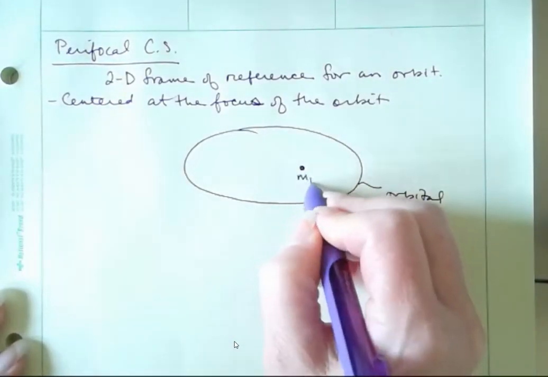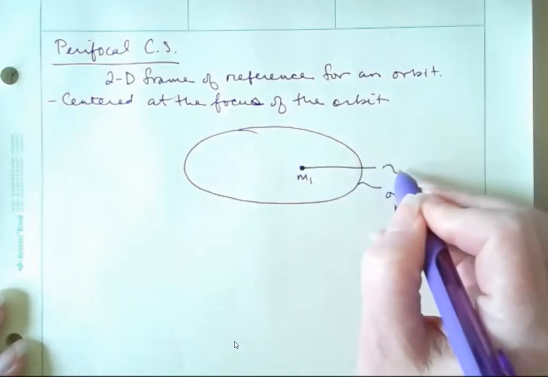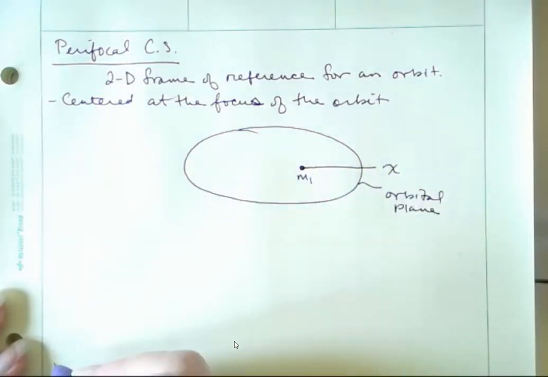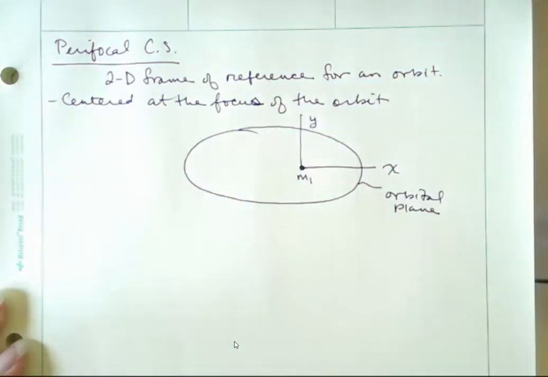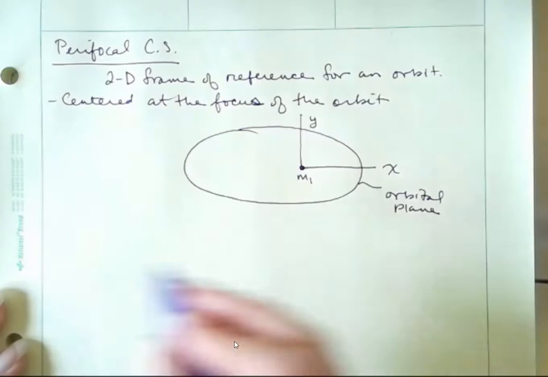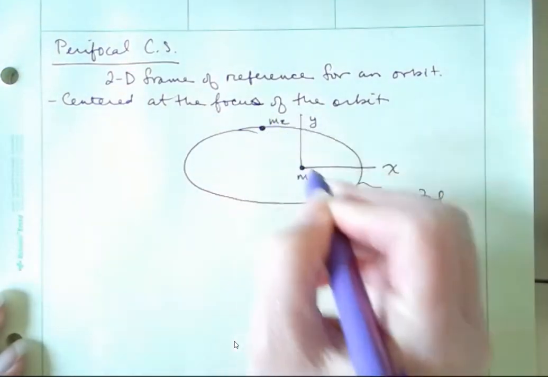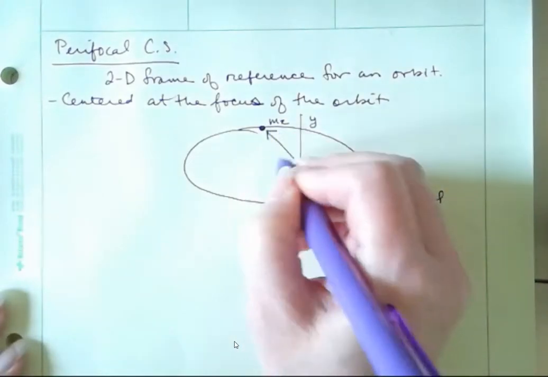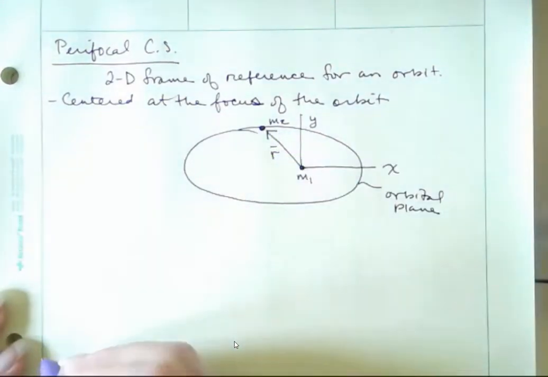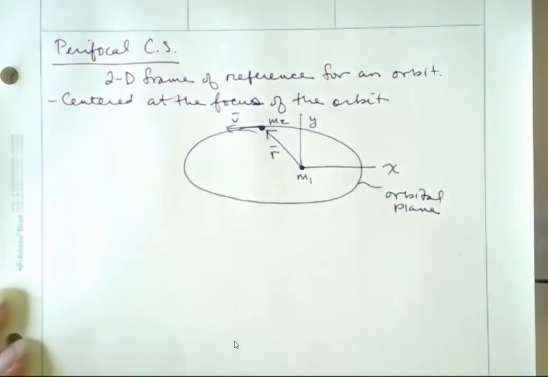So let's say this is M1. So this will be the origin. And we're going to have an x-axis, but this is going to have little x. And then we're going to have little y. Okay? So from this point, we could measure out to this mass or satellite that's orbiting, and we could get a position vector, and you could also get a velocity vector. Okay.